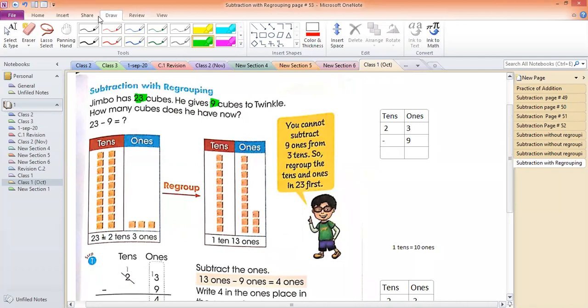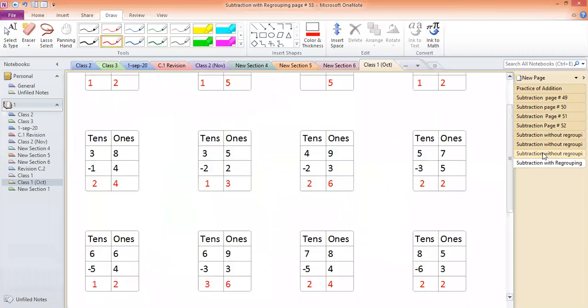If I follow the same method which we used in subtraction without regrouping, I am going to draw 3 lines for this. 1, 2, 3. As we used to do, if we have to minus 5 from 7, what we do, we draw 7 lines. 1, 2, 3, 4, 5, 6, and 7.